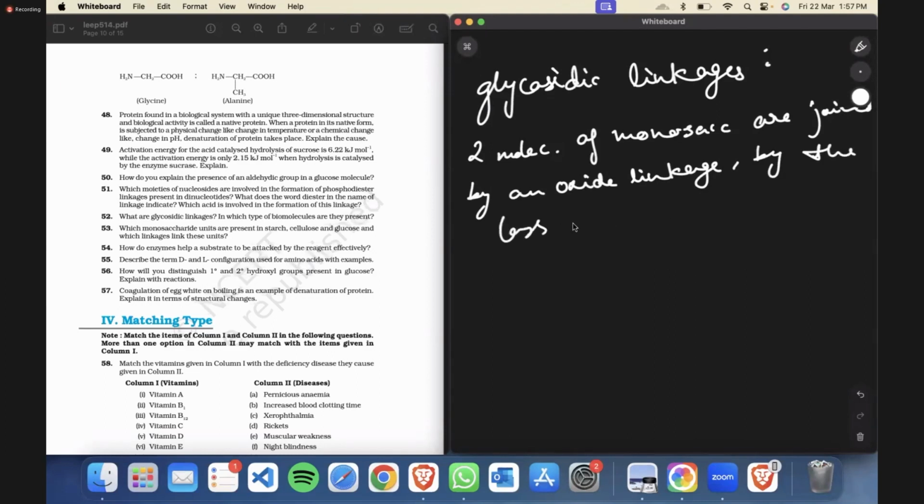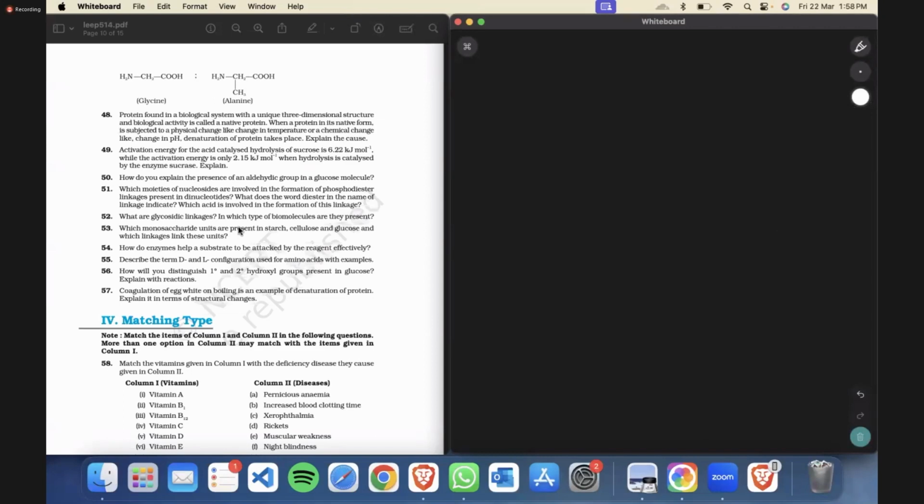And now these linkages are present where? Present in disaccharides, trisaccharides, polysaccharides.